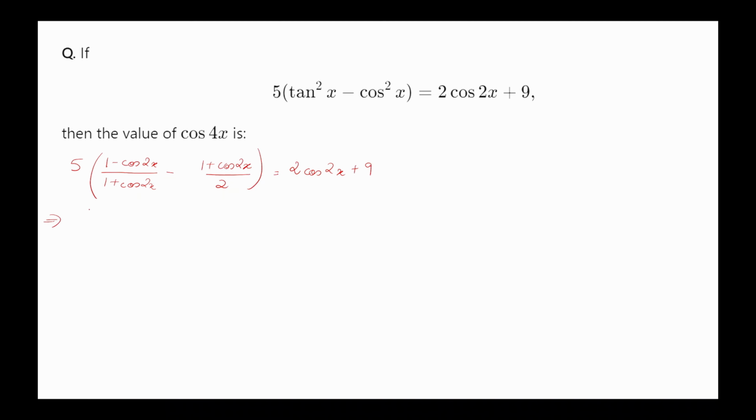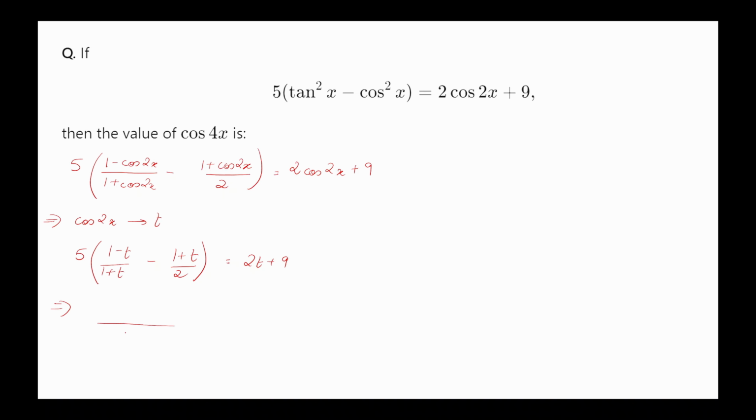Now I can see that there is a lot of cos 2x in my formula. So I'll simply write cos 2x as t. If I represent it by t, then it would become very easy for me to solve this entire equation. So it would become 5 of 1 minus t upon 1 plus t, minus 1 plus t upon 2. This is equal to 2t plus 9.